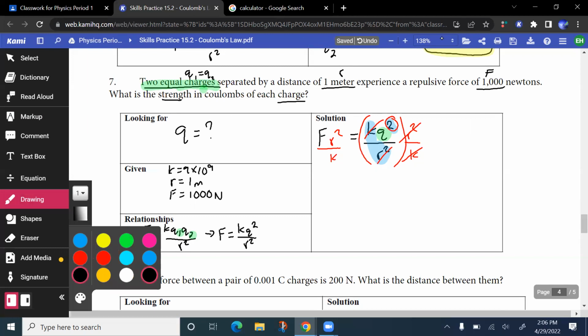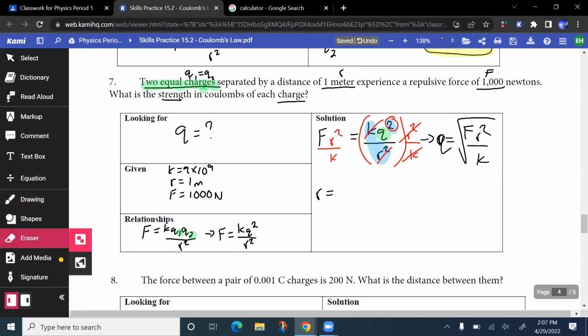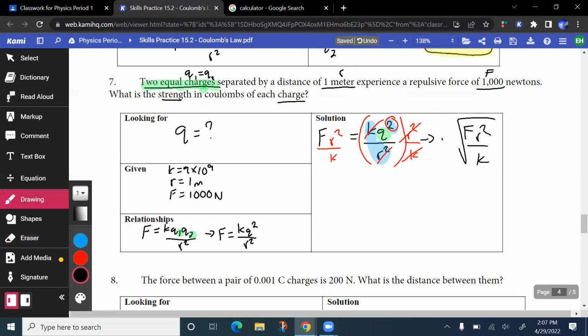And so we end up with Q is equal to the square root of FR squared over K. And that's what we're plugging into. Sorry, not R, Q. I meant to say Q. There we go.